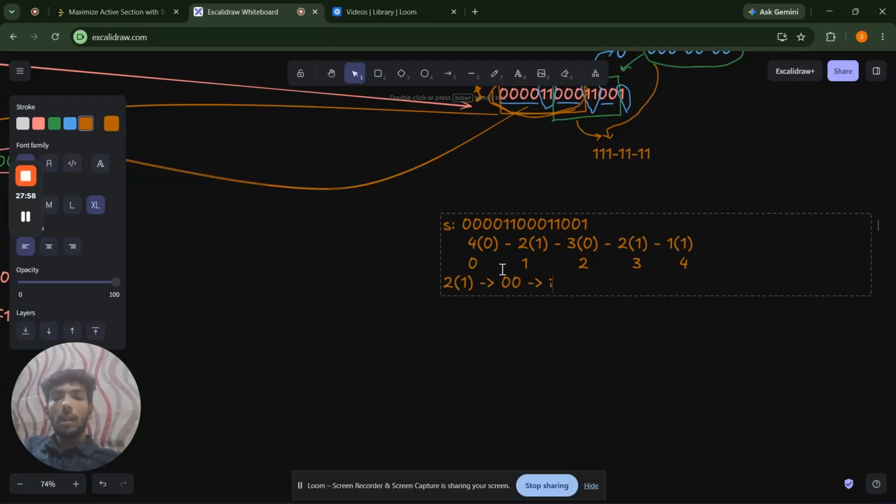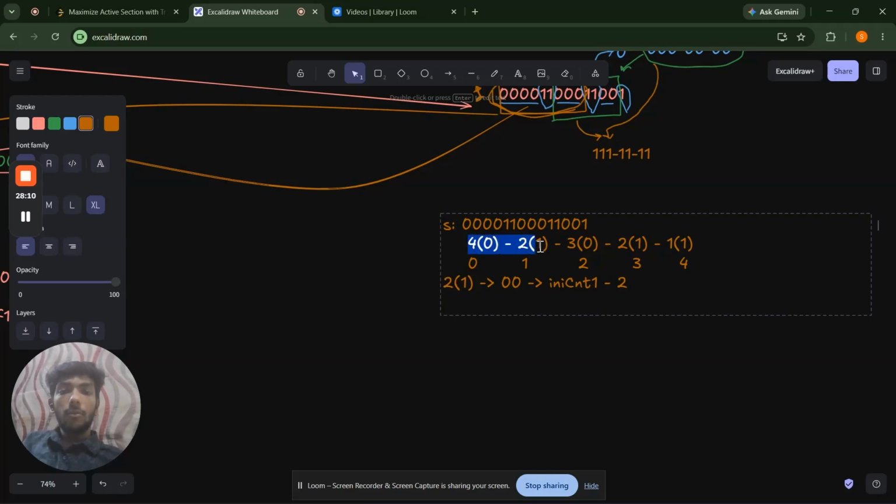So our initial count of 1 would become -2. But later we realized, oh, these four zeros, these two zeros which are formed after conversion, and these three zeros, when converted to 1, 4 plus 2 plus 3, will give us 9 ones.